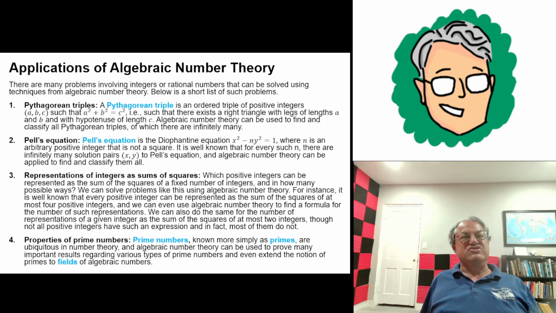You can extend the notion of prime numbers to subfields of the complex numbers. All algebraic numbers are complex numbers. So you have these fields of algebraic numbers, and you can talk about prime numbers in those fields, and they're not necessarily integers. I think that's really neat.